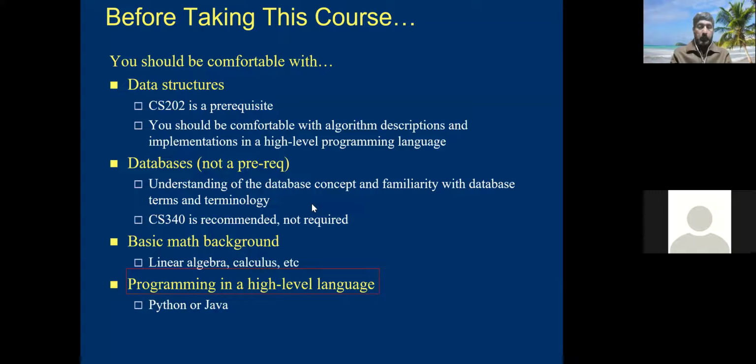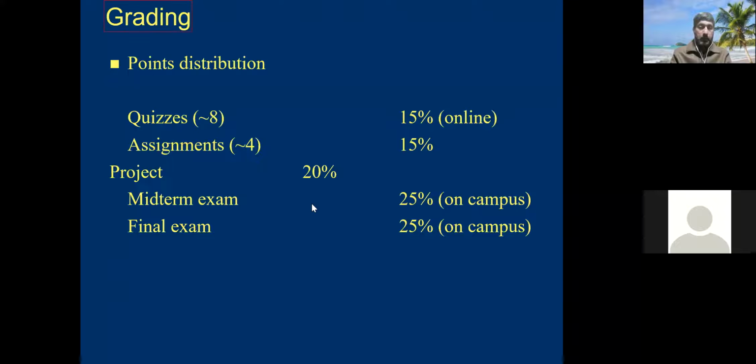All right, so let me move on to the grading. Grading is something that all of you might be interested in, and this was actually modified slightly yesterday. We will have around 8 quizzes, and one might be dropped. If we have 9, we might drop 2.